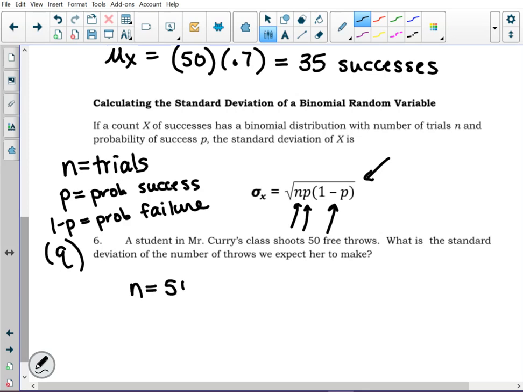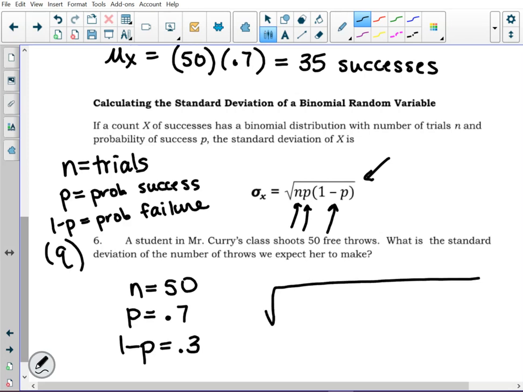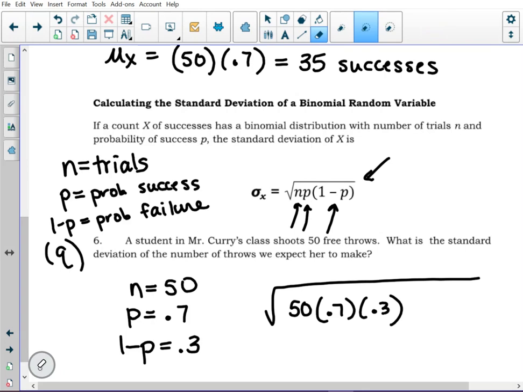Our n is still 50. Our p is 0.7. Our 1 minus p is 0.3. So I'm going to take the square root, and under the square root, I'm going to multiply 50 times 0.7 times 0.3. It's a lot scarier looking formula when you just look at it with symbols. When you actually look at it with numbers, you're like, oh, okay, duh.